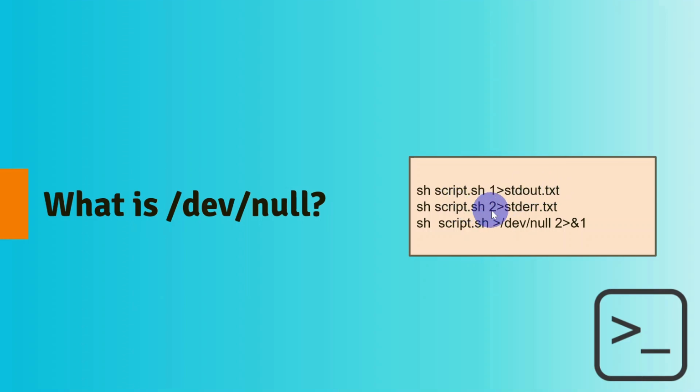In the second statement, we are redirecting standard errors to standard error.txt. In the third example, we are merging the standard error output into the standard out stream. And in the last, we are redirecting this stream to dev null. So it means we are not going to redirect any standard output or standard error logs from this script.